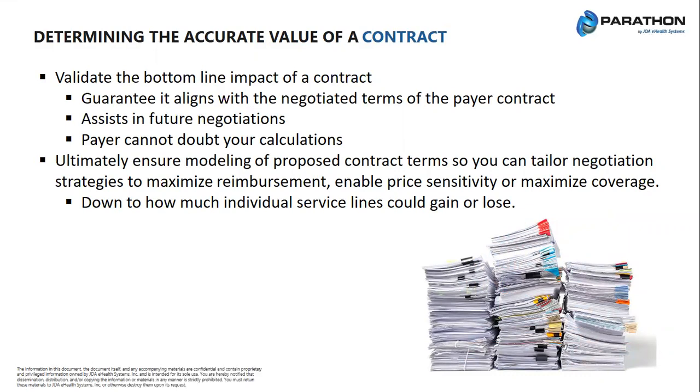The payer cannot doubt your calculations at all, so you have to be very certain in your calculations and have gone through a proper validation process. Ultimately, you ensure increasing revenue via modeling is done if you can negotiate strategies that maximize reimbursement, enable price sensitivity, or maximize coverage of drugs or other things that may affect your bottom line.